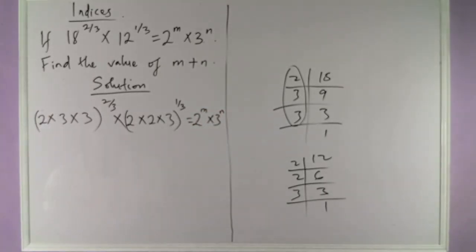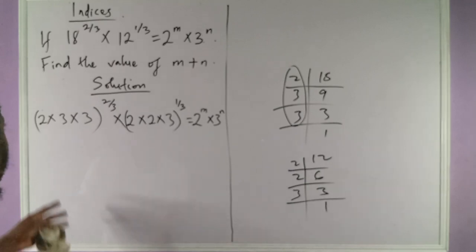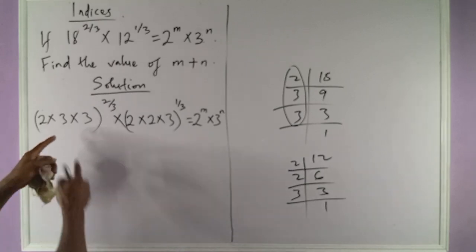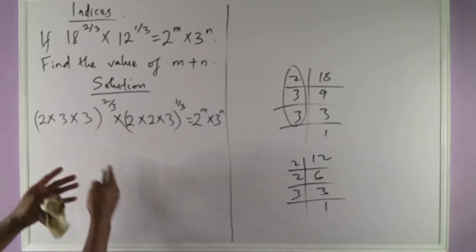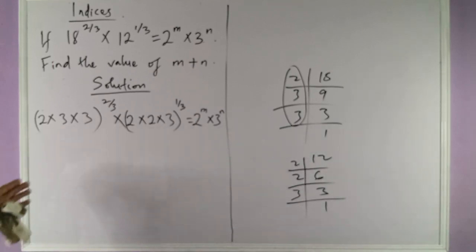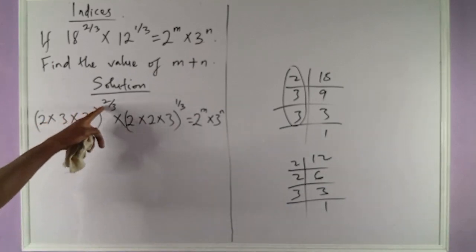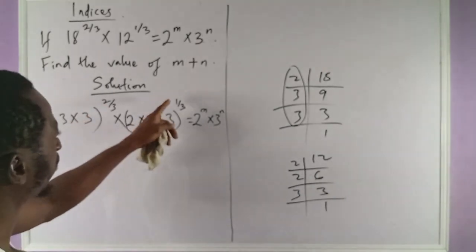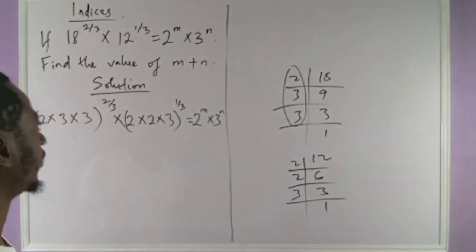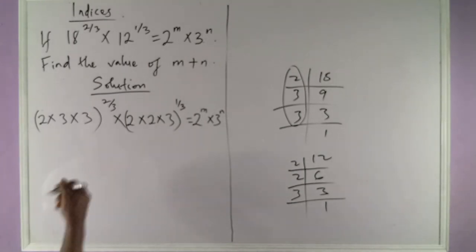From this point, we can proceed and make everything in the first bracket have the power of 2 over 3, and everything in the second bracket have the power of 1 over 3. Then we solve again. So let's go.